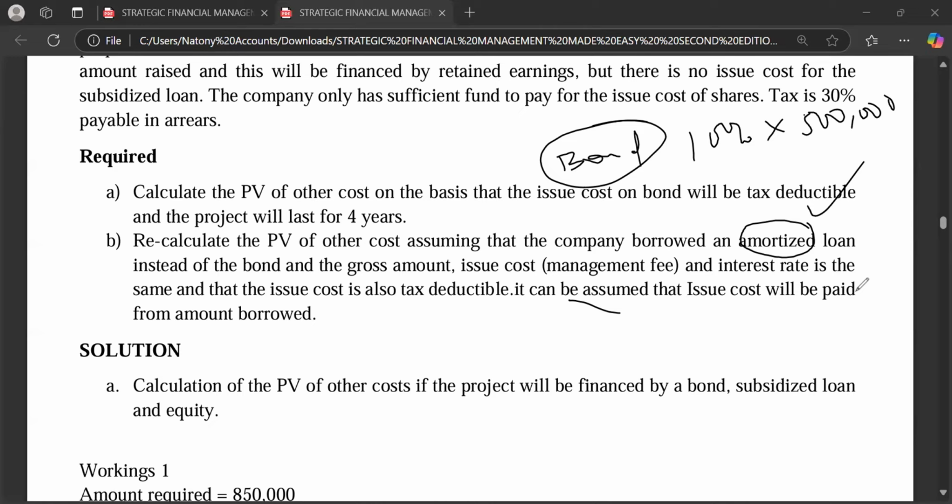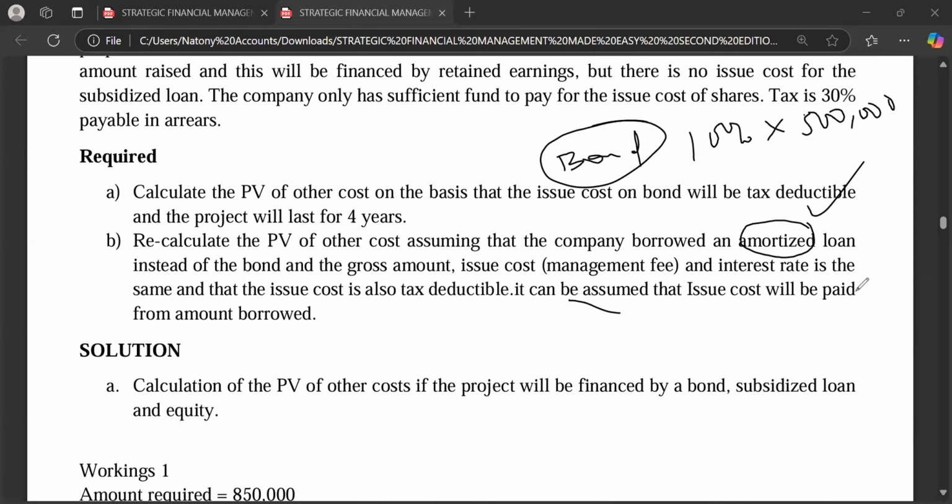So what is an amortized loan? Just to refresh your memory, an amortized loan is a loan that you borrow that every year you make payments of principal and interest, equal installments, to ensure that at the end of the loan tenure, the loan balance becomes zero.